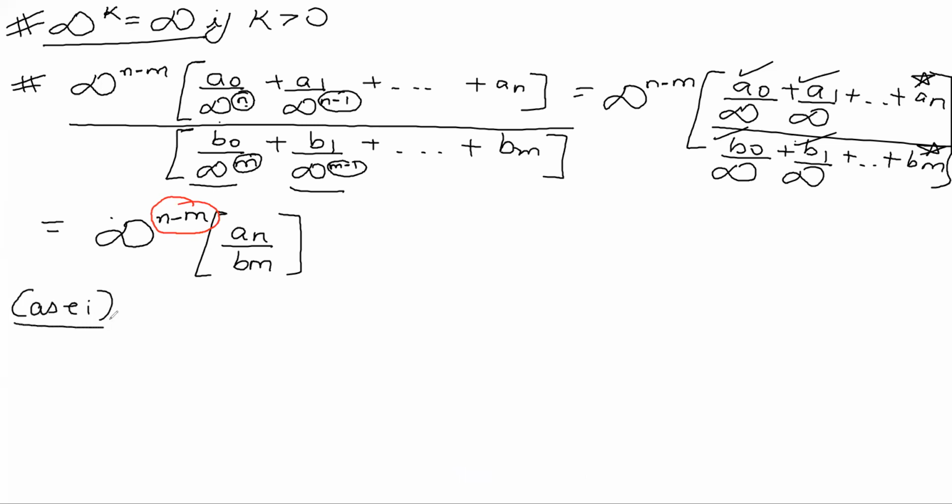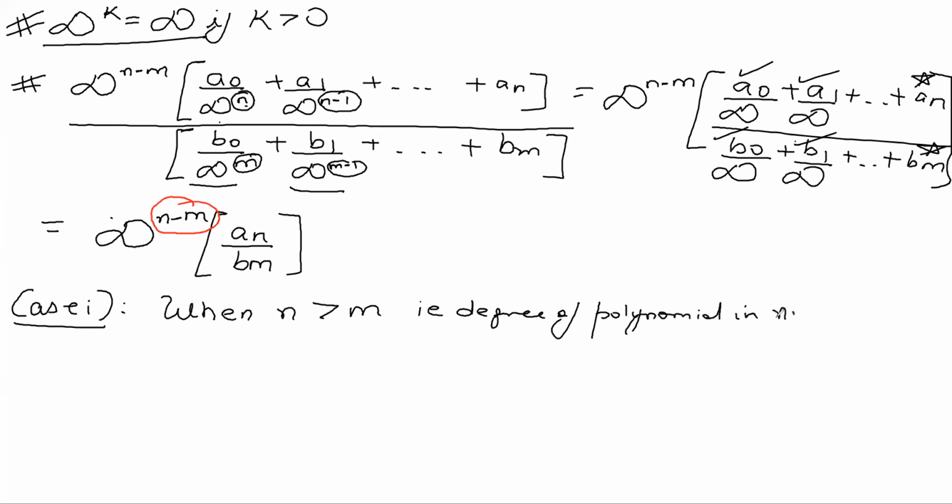Case 1. When n is greater than m, I can say that the degree of the polynomial in the numerator is greater than the degree of the polynomial in the denominator.